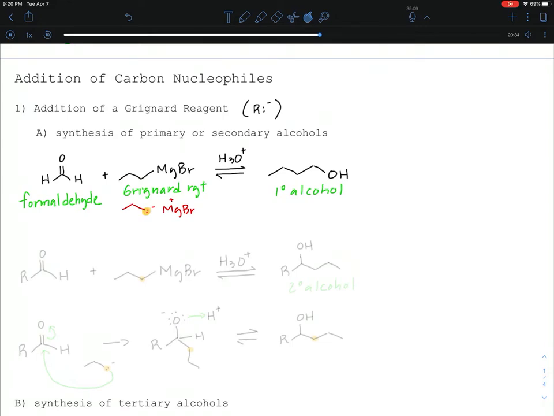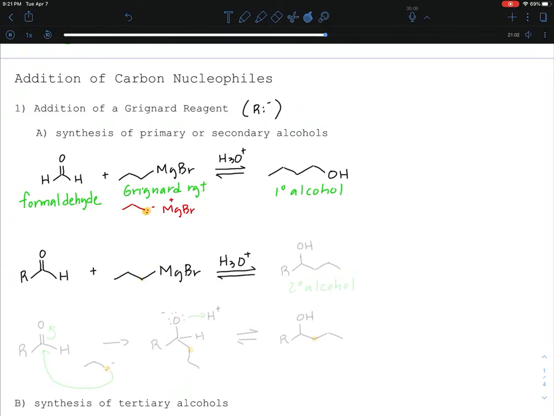So I can take some other garden variety aldehyde. What makes the alcohol secondary is that R group on the aldehyde. I'll just use the same Grignard to keep things easy to see. We're going to work this up with acid after the reaction is done.